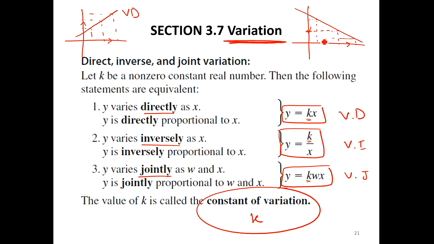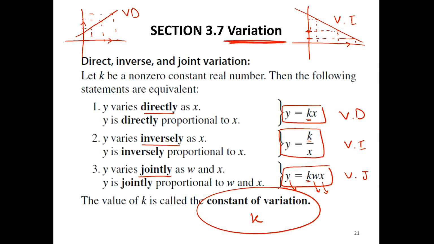This is varying inversely. But if we have joint variation, we cannot draw this in 2 dimensions. We need 3 dimensions because we have 2 variables, X and W, and Y. We have 3 variables, so this is 3 dimensions.